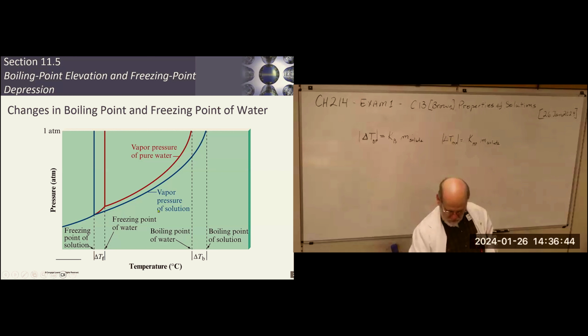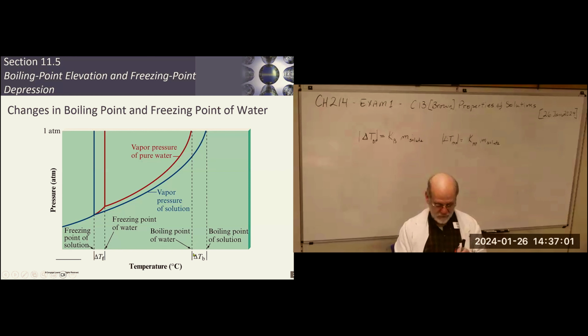Let's go to the boiling point first. Boiling point of water at 1 atmosphere pressure. That's important. If we're at 1 atmosphere pressure and the water's boiling, then it'll happen at this temperature.